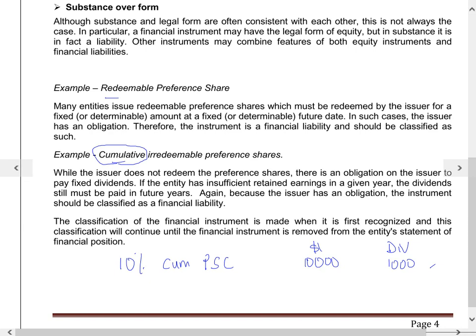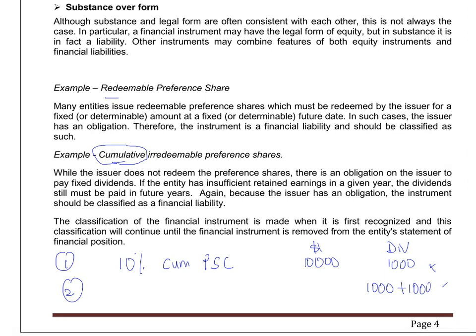So the fact that it is a cumulative preference share, the fact that it's redeemable doesn't matter. It's cumulative preference share. Means today I got no money to pay, year 1. In year 2, I must pay how much? I must pay 2 years, because the dividend is cumulative.